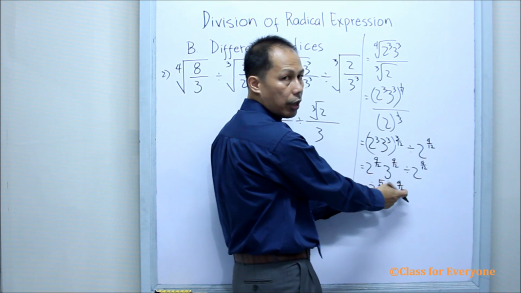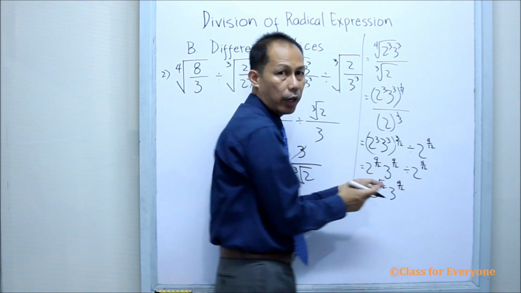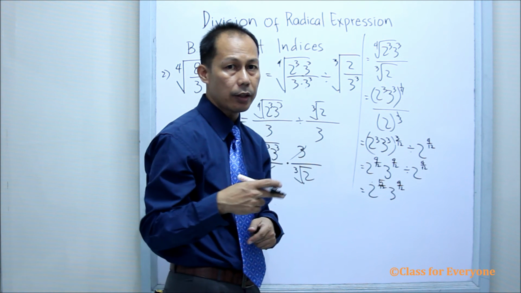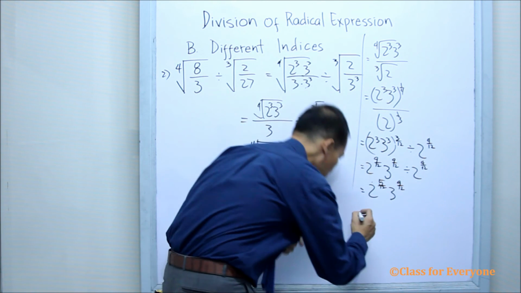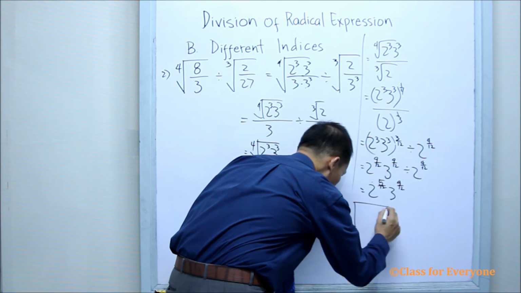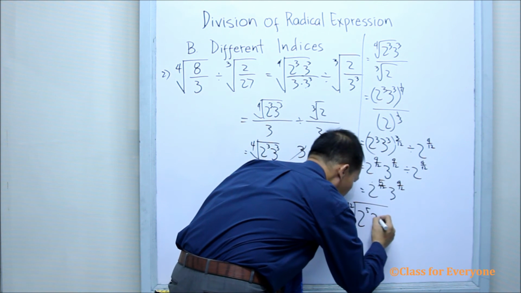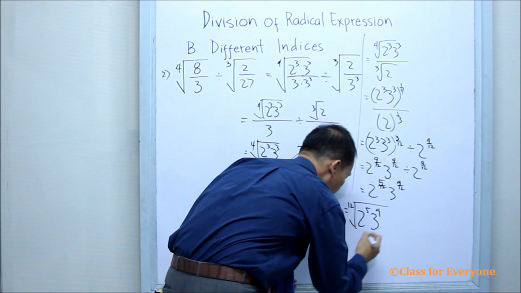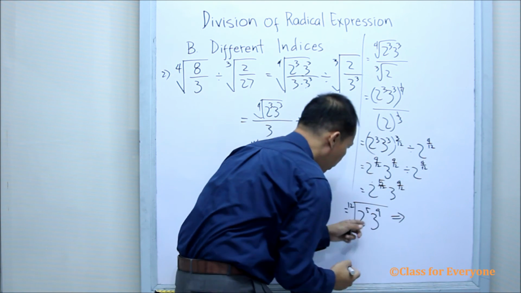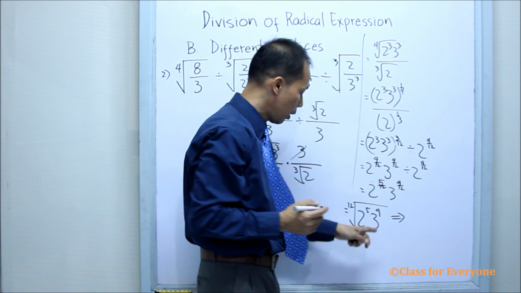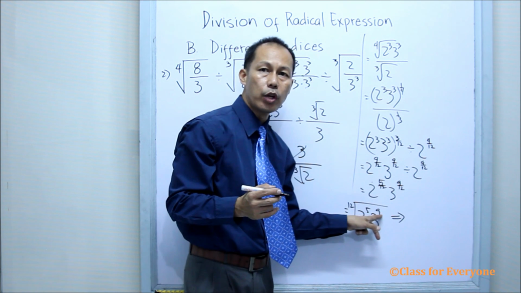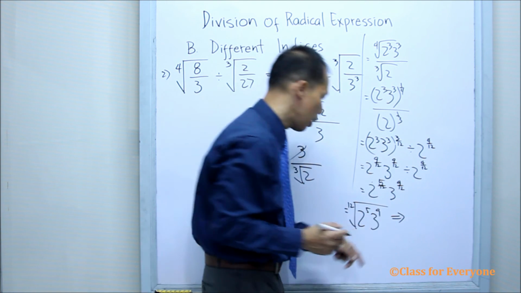We have the same denominator in the exponent, so we have the same index. So we can now rewrite it into a single radical. So it is equal to the 12th root of 2 to the 5th times 3 to the 9th. And this 2 to the 5th is equal to 32, and 3 to the 9th is equal to 19,683.